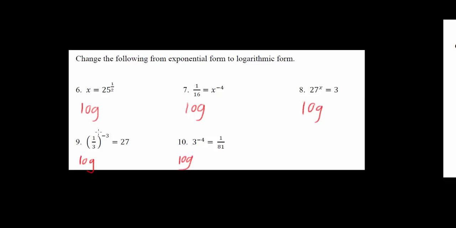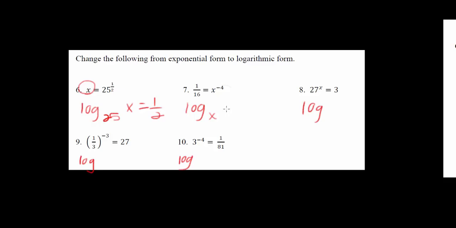So for number 6, I know that it has a base of 25, and the power of the exponential is what the logarithm will equal. And what the exponential was equal to will be the inside of the logarithm. So right here, we have, see, the exponential is x to the negative 1/4. So the base of the exponential is x.